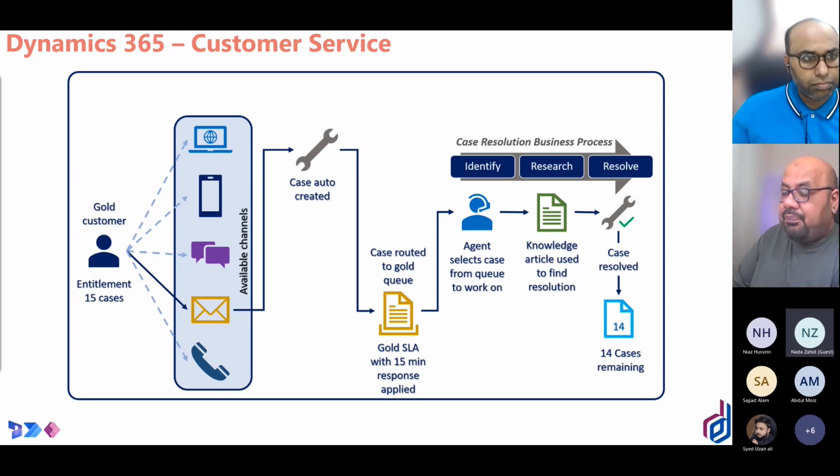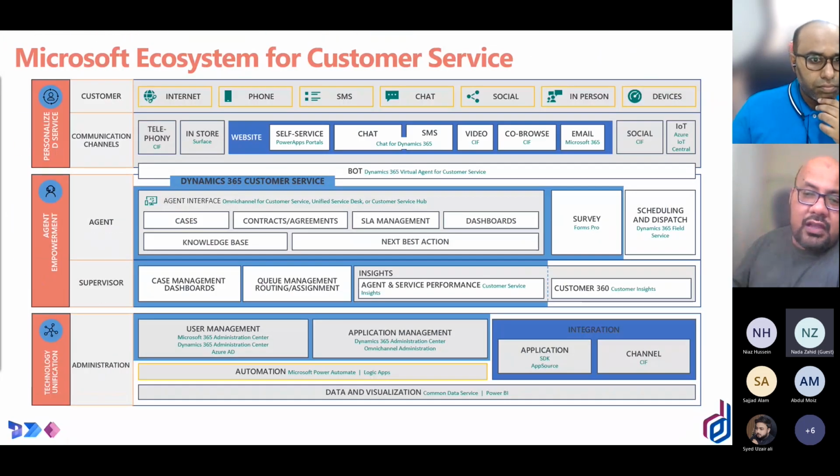Now if we talk about the ecosystem, how does it look? It looks like a very big frame, where you have the channels. You can see it on the top layer: the customer is going to contact you through different sources or channels, by any means.